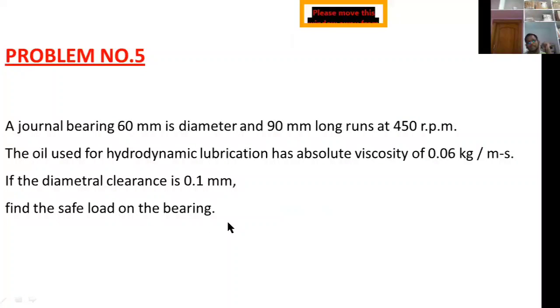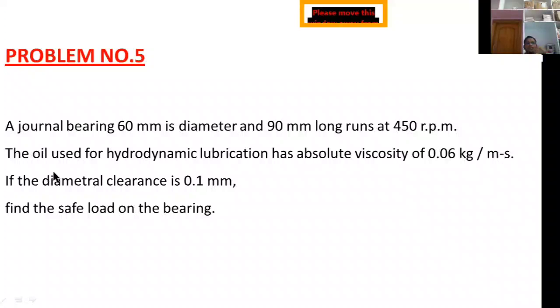Now the last problem in this session is problem number 5. The given question is: a journal bearing 60 mm in diameter and 90 mm long runs at 450 rpm.